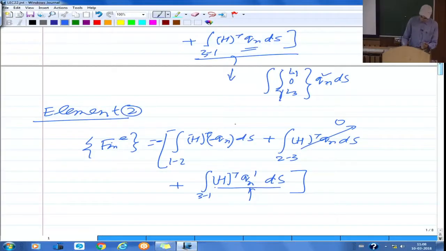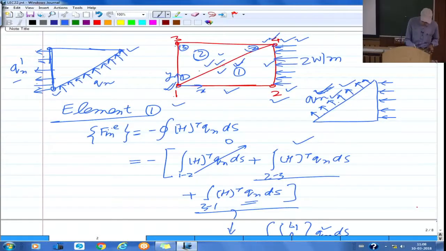So you will find that in this particular term only the first and third would be non-zero, and in the other only the first and second would be non-zero, third would be 0, because this is local node number 1, this is local node number 2, this is local node number 3.